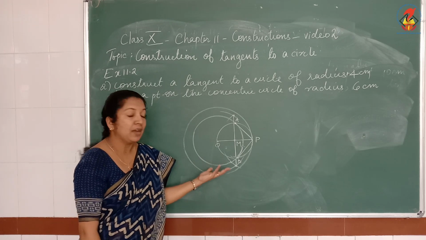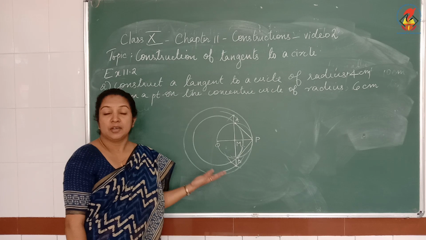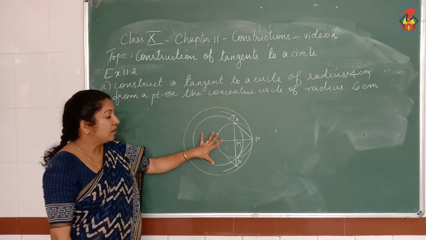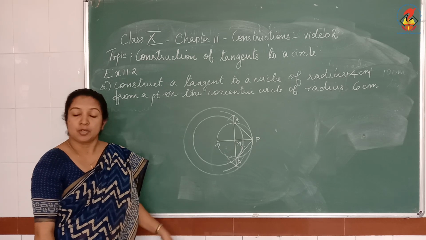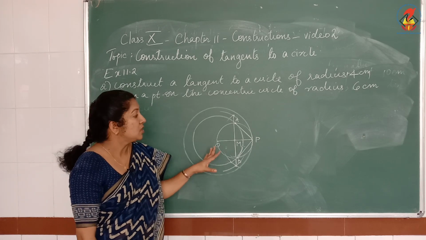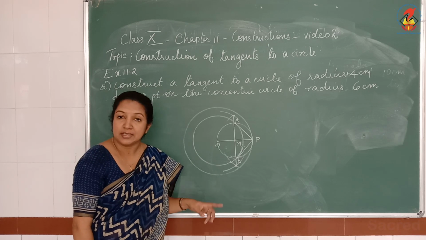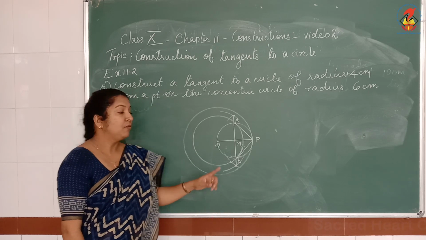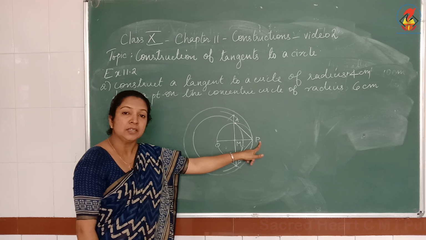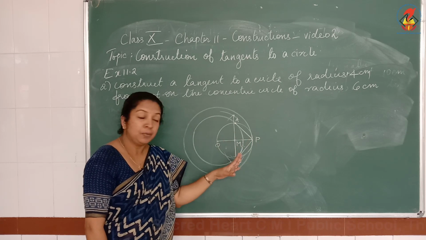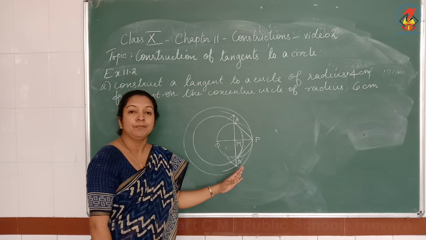So we have to write the steps of construction. First we drew a circle of radius 4 centimeter. Then we drew a concentric circle of radius 6 centimeter. Then we marked a point P on that, joined O and P, and drew the perpendicular bisector of OP.